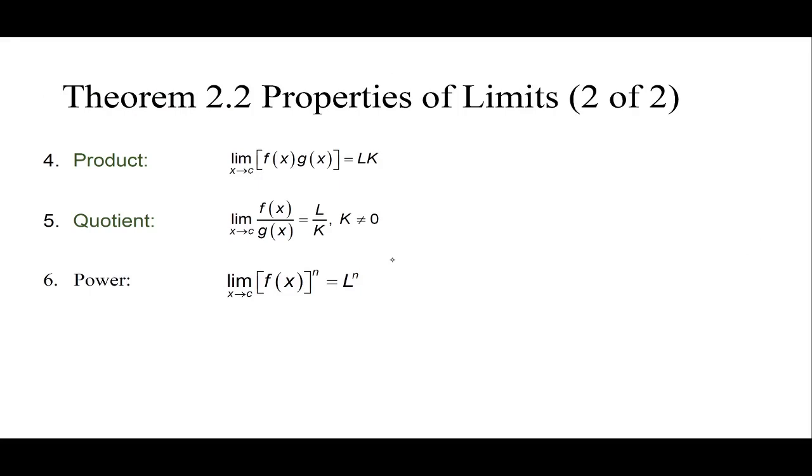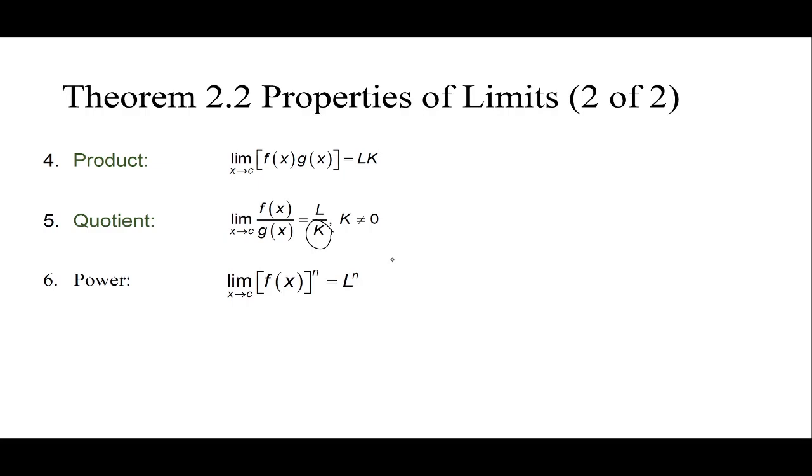If you are looking for the limit of a product of functions, it's actually the product of the limits, and the limit of the quotient is actually the quotient of the limits. But keep in mind, this is a little bit tricky. The limit on the denominator has to be non-zero. If it's 0, then we cannot apply this rule. These are the properties we are talking about here. We are not making anything up. It's just the properties we have been given.